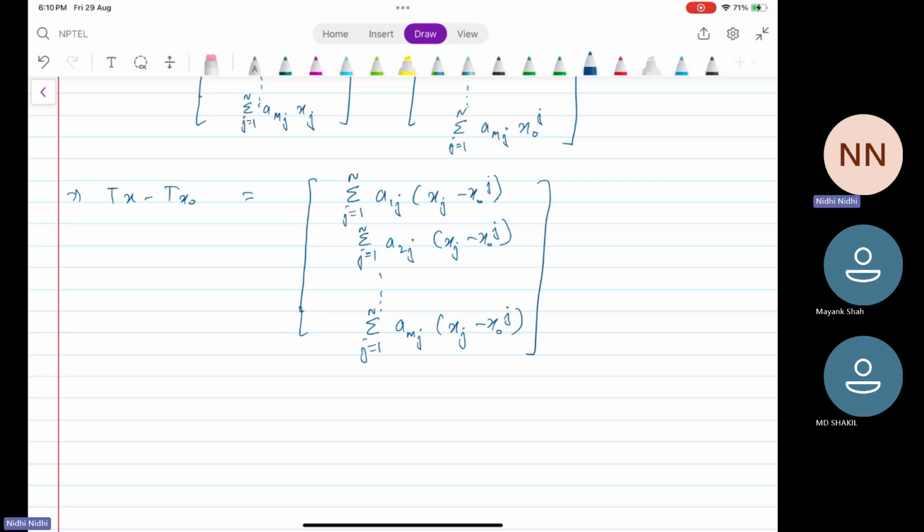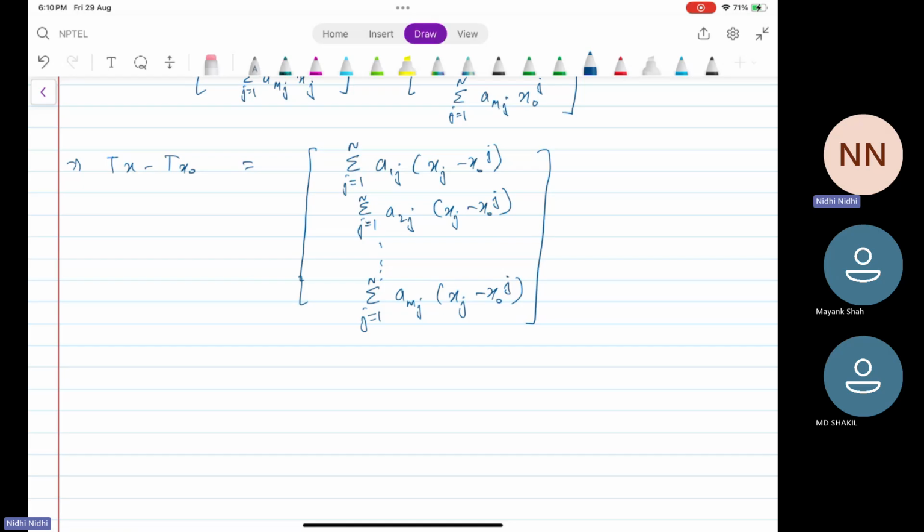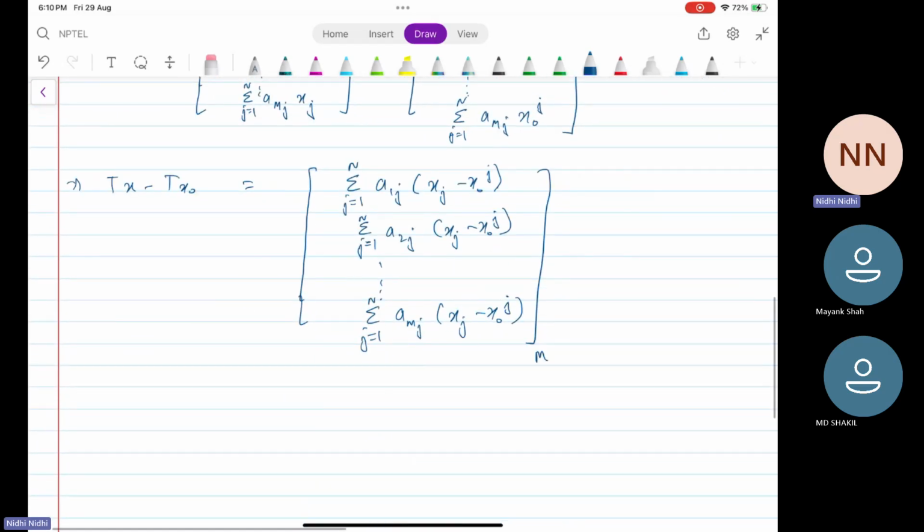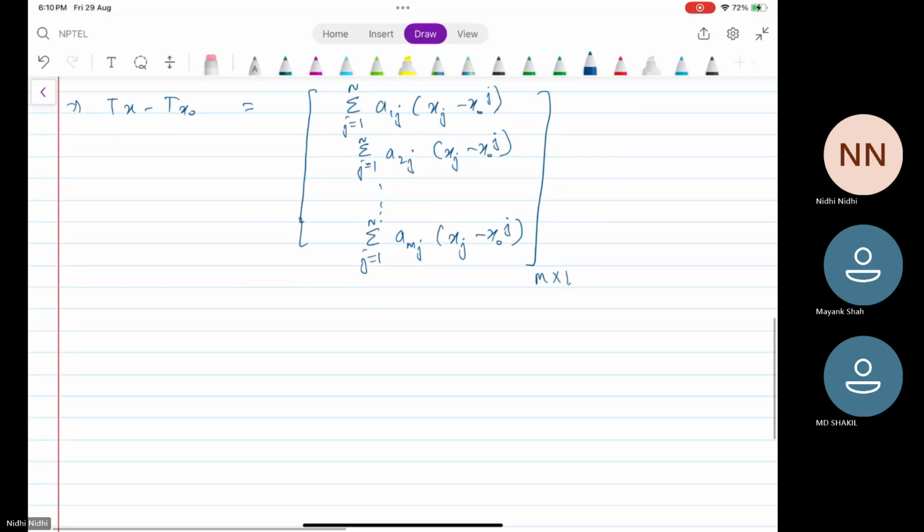Next, we need to find the norm of this Tx minus Tx naught. This is a vector in Rm, an m cross 1 vector. So we know how we define the Euclidean norm. Let's take the square of the norm of Tx minus Tx naught in Rm.